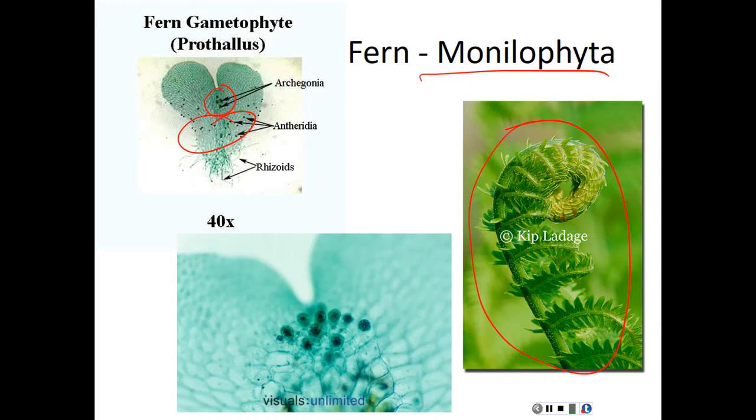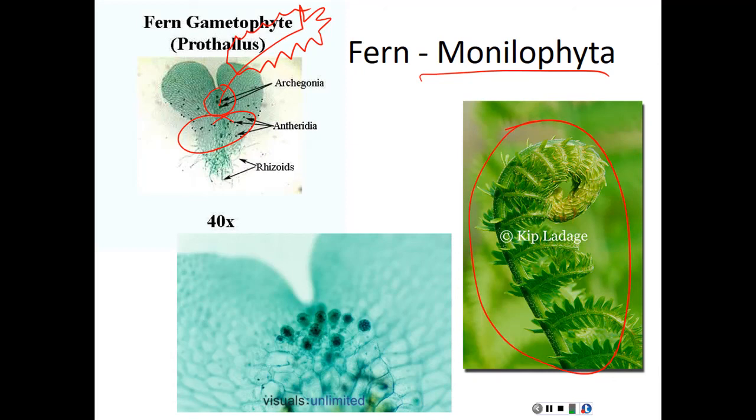Then the sporophyte will grow directly out of the gametophyte, as in other plant groups. But in this case, the sporophyte is going to get big and very quickly will overtake this gametophyte and be completely independent.